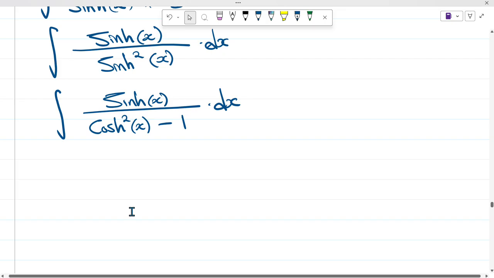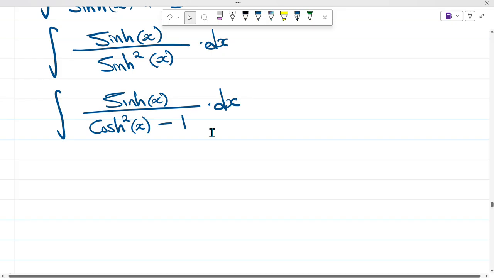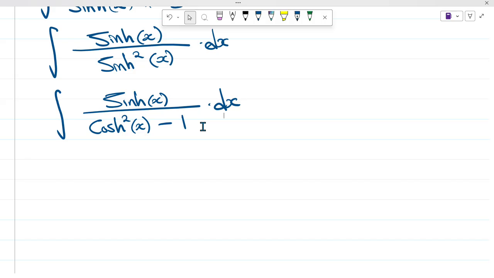Then from there, what do we then do? We can see that we need to first take out negative 1 as a common factor on our denominator there.